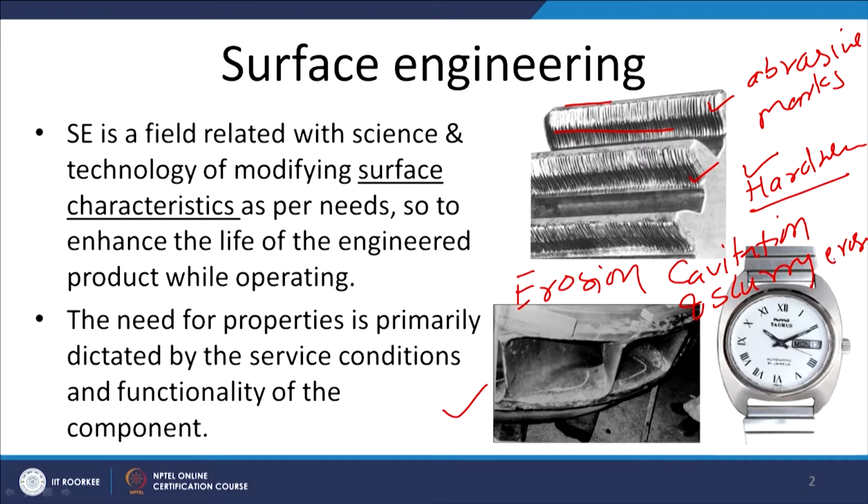So, to enhance resistance to erosion, either due to cavitation or slurry erosion, it is required that the material has the required hardness, and also a good combination of toughness, so that the particles impinging onto the surface or the bubbles bursting onto the surface of the impeller or the turbine blades can be resisted very effectively in order to reduce the loss of material.